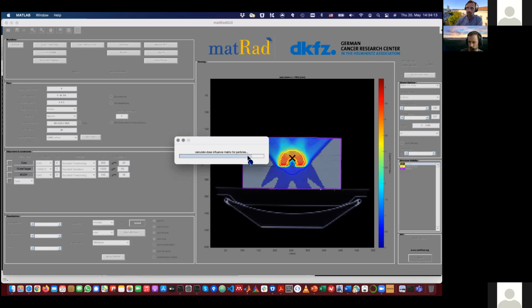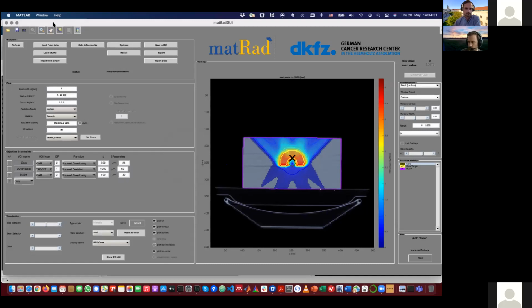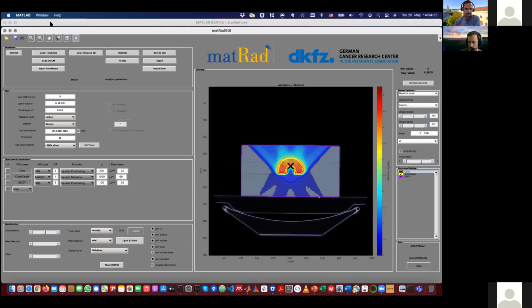You don't have to follow me, it's enough if you just look at my screen. I guess you can already see that the computation now takes longer than before, where we were just considering the physical dose.